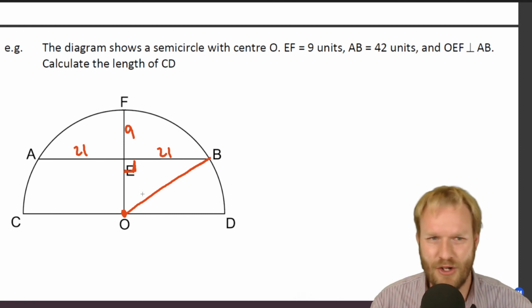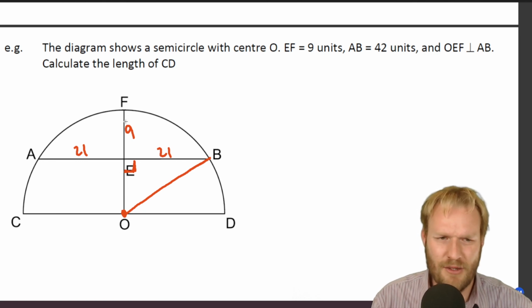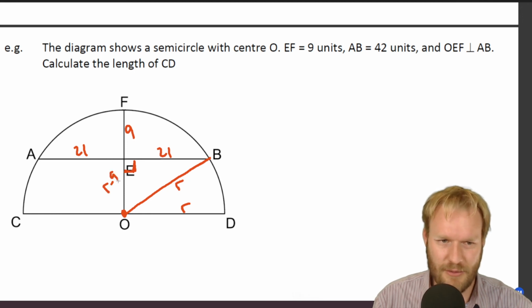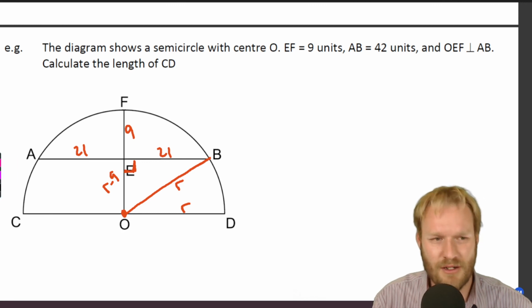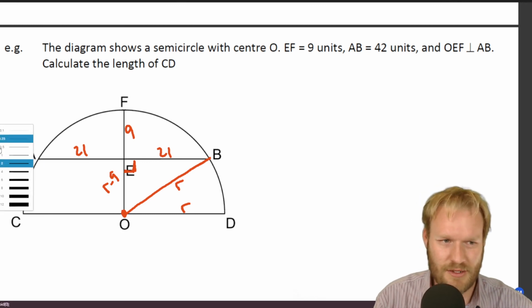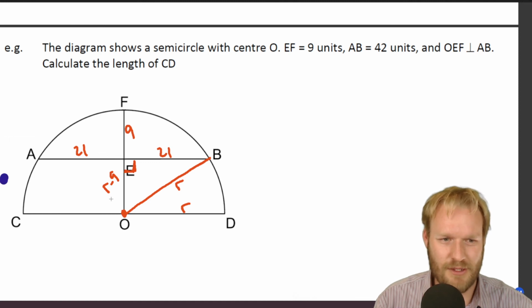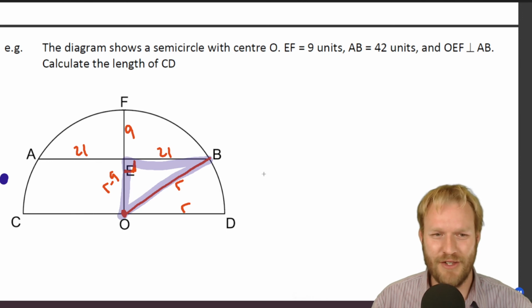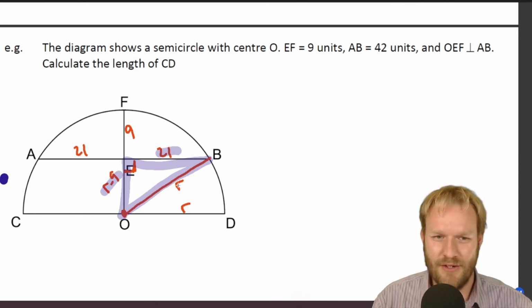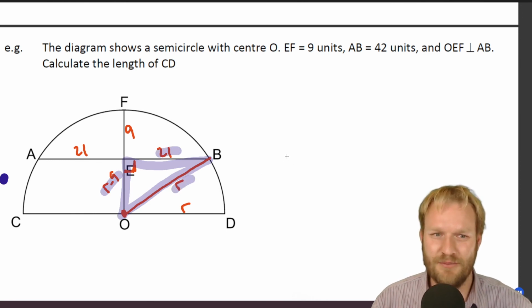If that's 9, we don't know what the radius is, but say this is R, this is R, this thing here is R minus 9 because the whole thing's R. Well, it looks almost identical to the question we did earlier. So we've got that wonky triangle over there where we've got 3 side lengths and it's right angled.